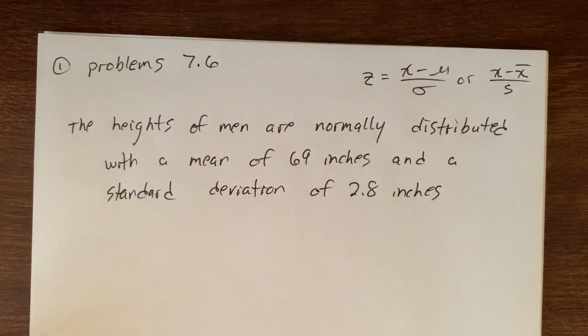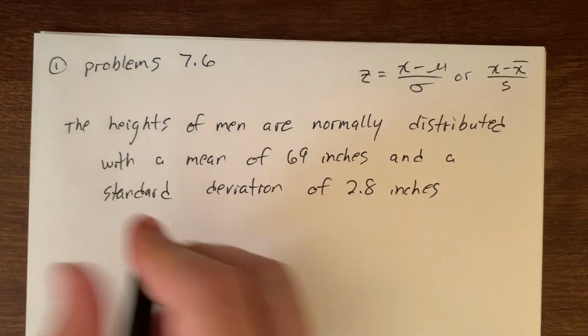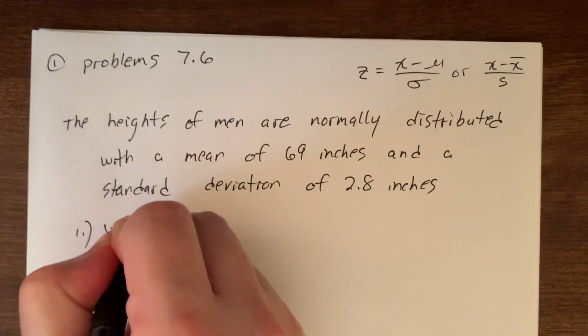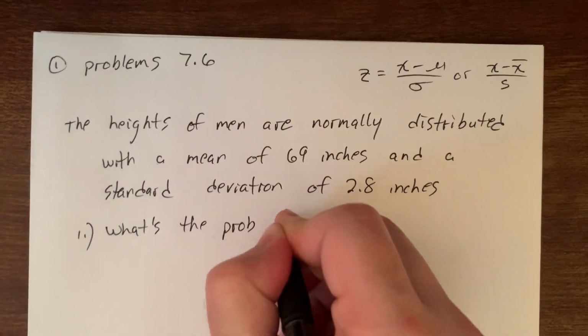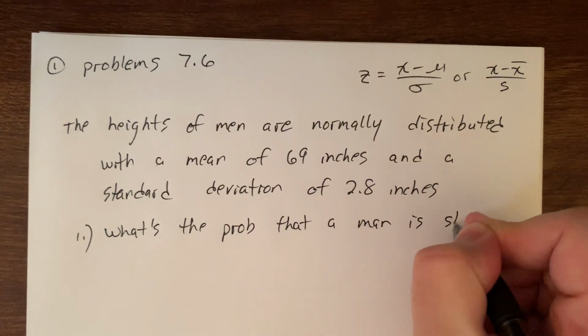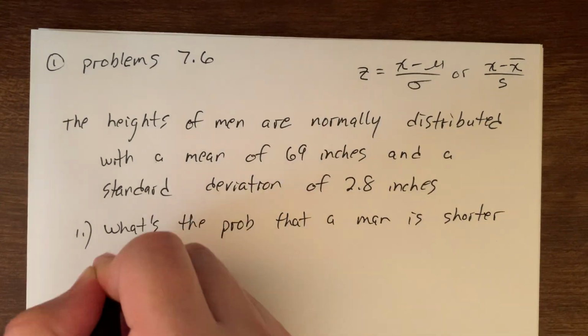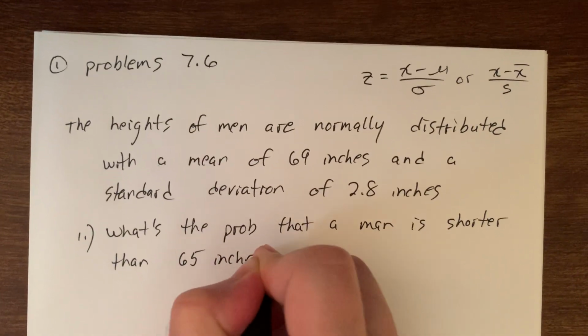I'm going to ask several questions here, but that's my basic information. And my first question will be, what's the probability that a man is shorter than 65 inches?